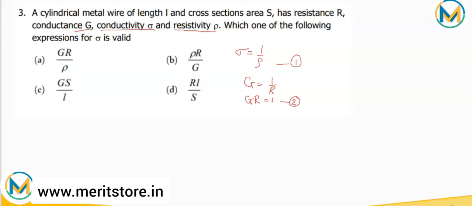Now substituting 2 in 1, we get sigma equals GR upon rho. So conductivity equals conductance into resistance R upon resistivity rho. The correct answer among the given options is option A, GR upon rho, which equals sigma, the conductivity.